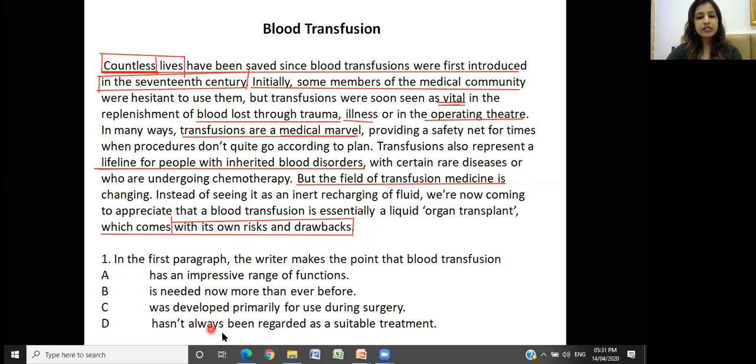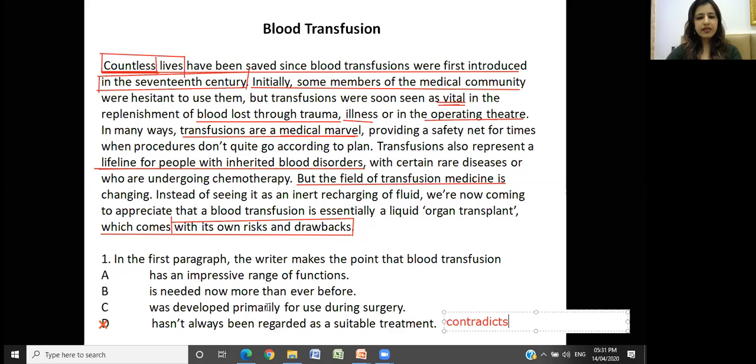If I say "hasn't always been regarded," that means right from the beginning till now. So this information given here is contradicting the paragraph. Okay? So it contradicts the paragraph and therefore it is wrong.